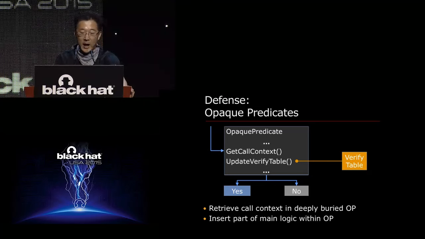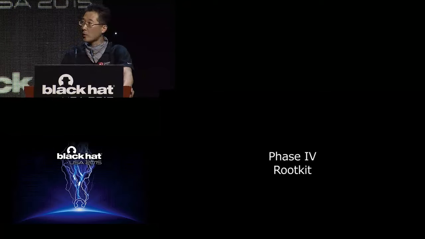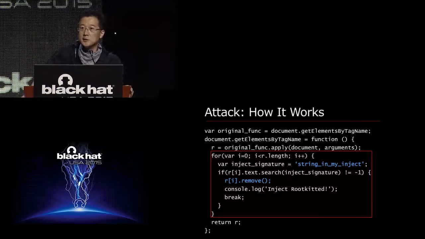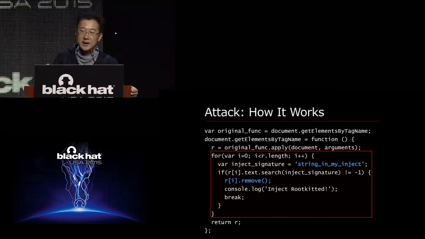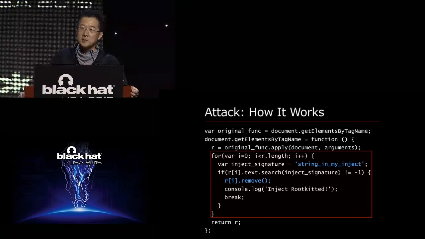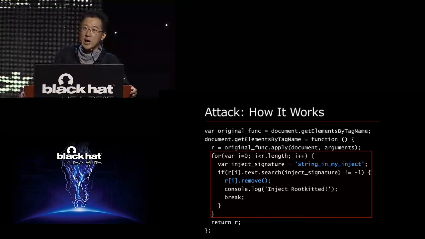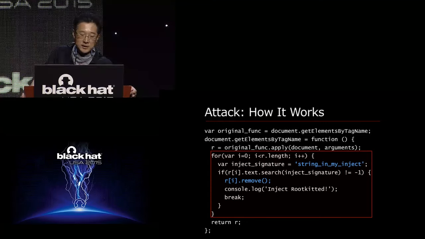So, the other thing that is pretty important is something called a rootkit. In the operating system world, it means simply a technique that allows the attackers to hide the presence of the objects that the attacker wants to hide. And it does that simply by hooking into API functions and tampering with the data.